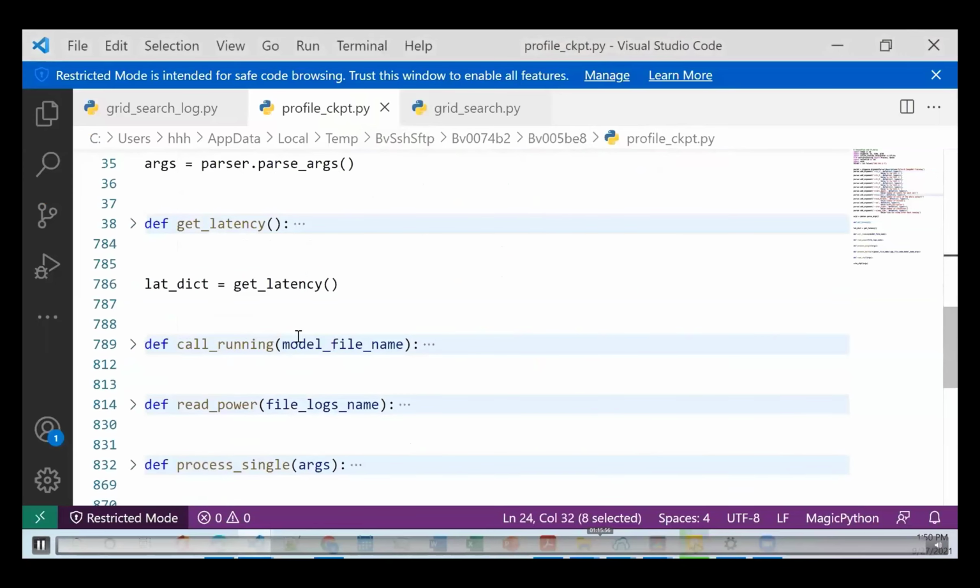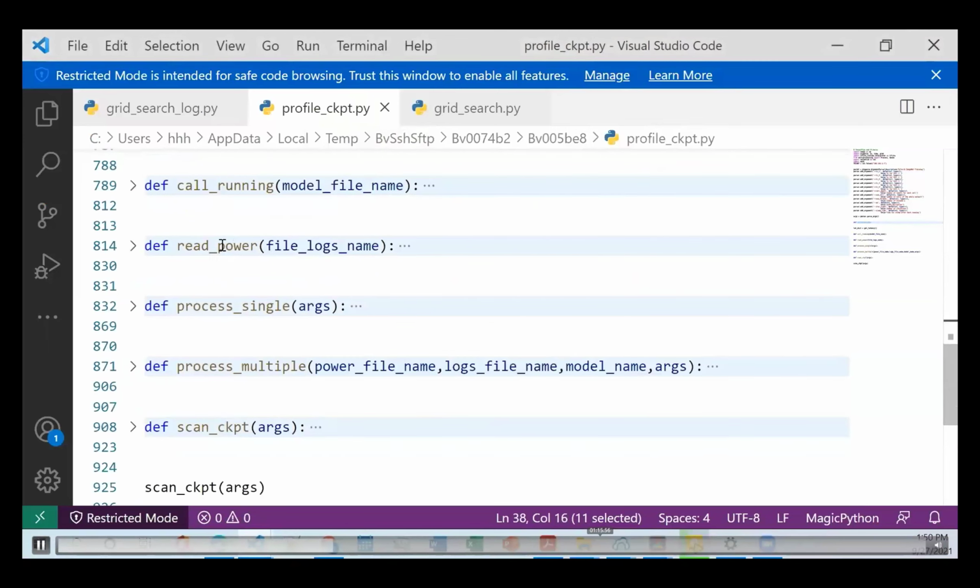Parameter to define the direct potential we want to profile. And the third, we use the GetLens function to calculate the net field with the network first. Also, we use the real power function to read the power consumption. After that, we profile the hardware performance to transform and analyze to a hardware performance model.